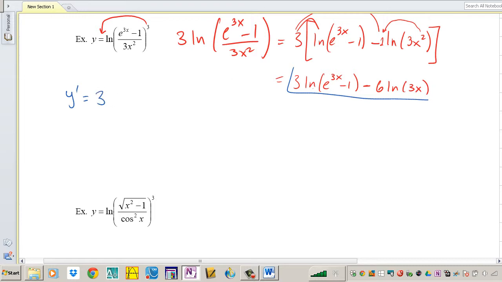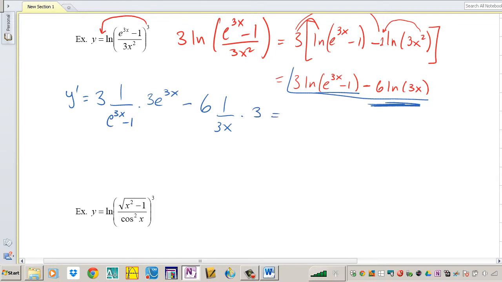3, the derivative of ln something is 1 over that something times the derivative of whatever that something was, so it's going to be 3 e to the 3x minus 6, which is now the second part. It's going to be the derivative of ln 3x is 1 over 3x times the derivative of 3x, which is 3.